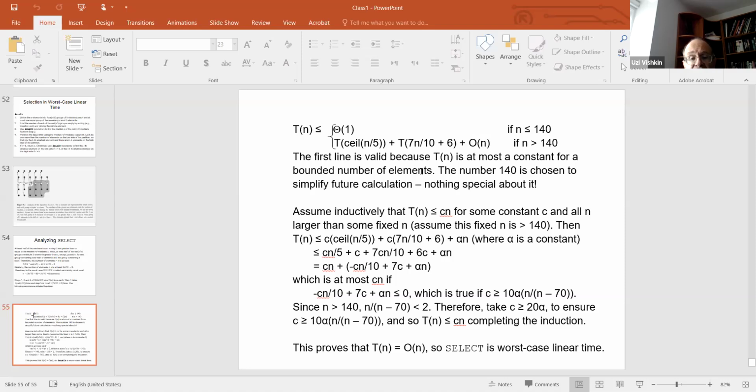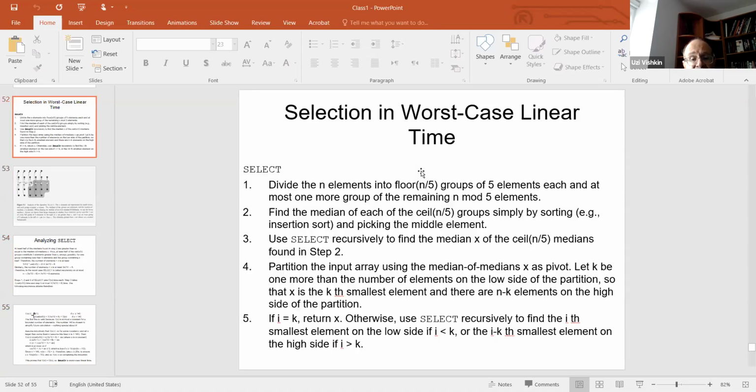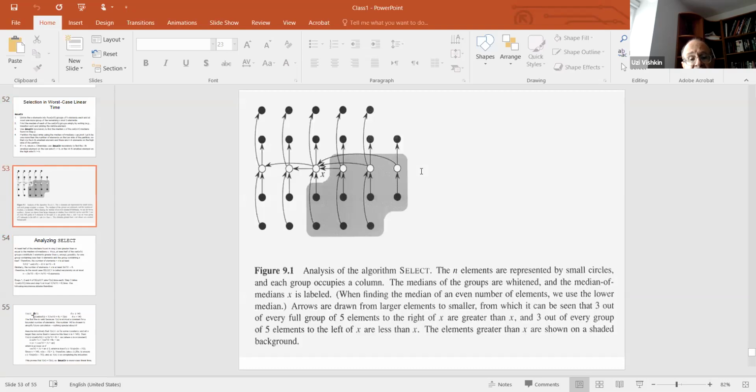And what I want you to remember is that the algorithm that you see both here and here actually had 2 recursive calls for a selection algorithm. Why do I claim that we have 2 recursive calls? One was a problem of size n over 5.